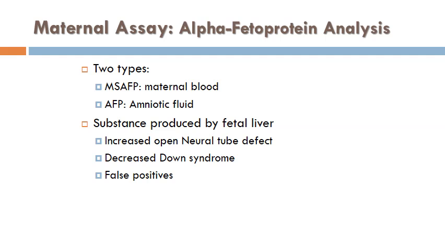But you also get negatives where it says it's negative for any alpha-fetoprotein, everything looks great, it's in the normal healthy range. Then all of a sudden the baby's born with Downs or with a neural tube defect that it didn't pick up. So there are some controversial issues or ethical issues, as I think we might have mentioned in class, that some women prefer not to have it done, or some families prefer not to have it done.